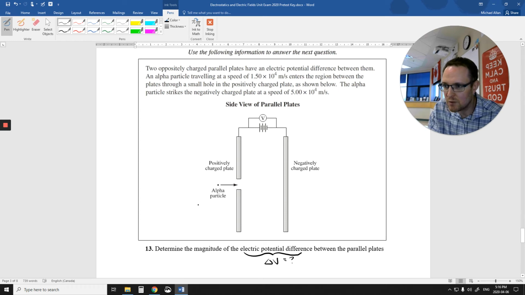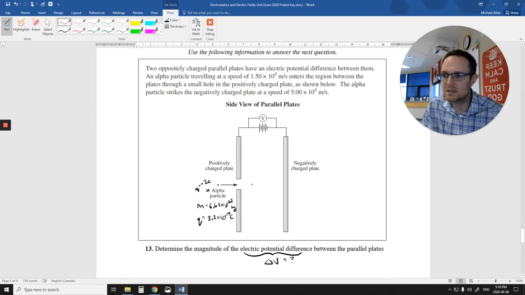So again, what we know about this alpha particle, we know its mass. Just write that in there. We know its charge. It's 2 times the elementary charge, so 3.2 times 10 to the negative 19 again. Same thing because that's an alpha particle. Now, what we know is that the initial velocity and the final velocity, neither one of those is 0.